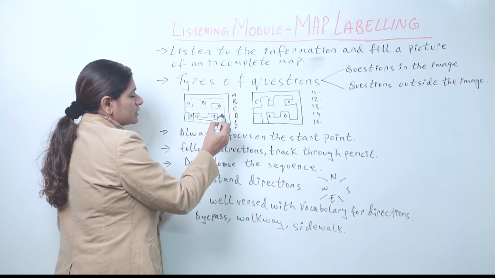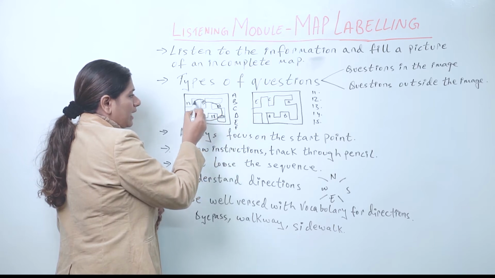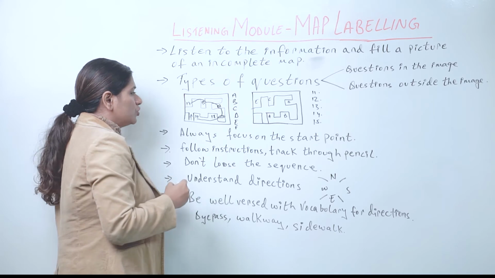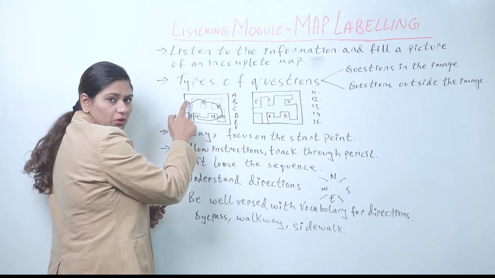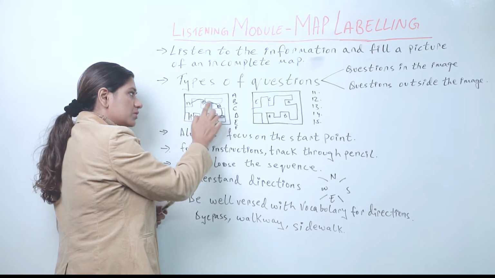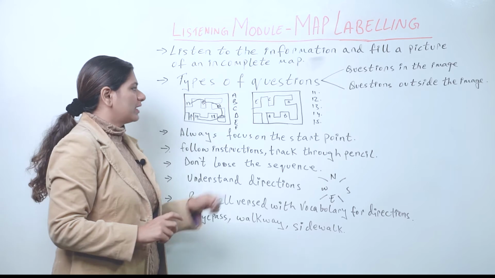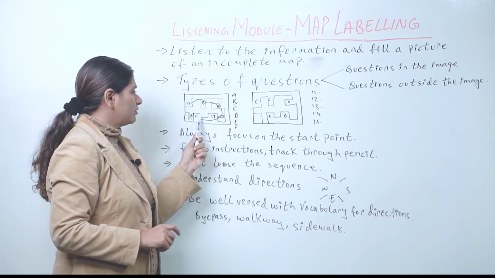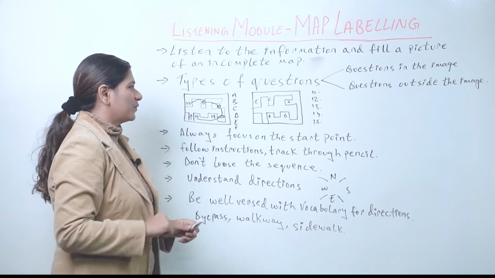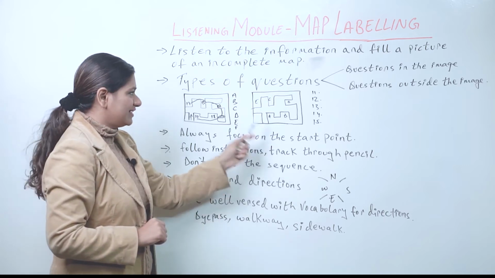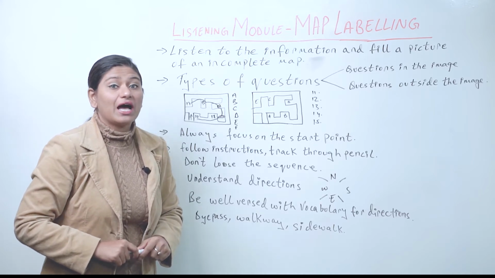From here it will take you to question number 12, from here 13 and 14. So you know that within the map there is a sequence which will be followed, and the questions will also come in the same sequence when you are listening to the audio. And you have to pick the correct answers from here and mention them here. Quite easy.